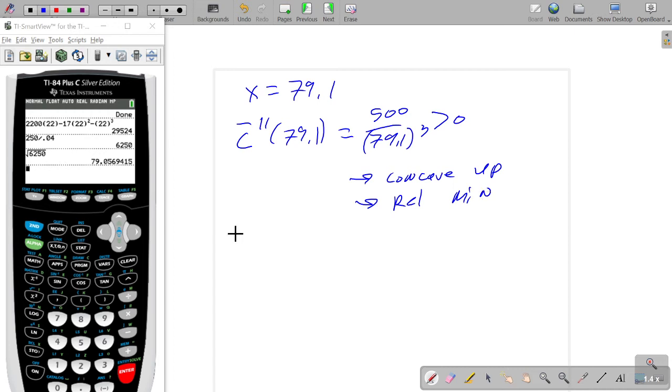And then to get the average cost, I need to do C bar of 79.1, which is going to be 250 over 79.1 plus 20 plus 0.04 times 79.1.